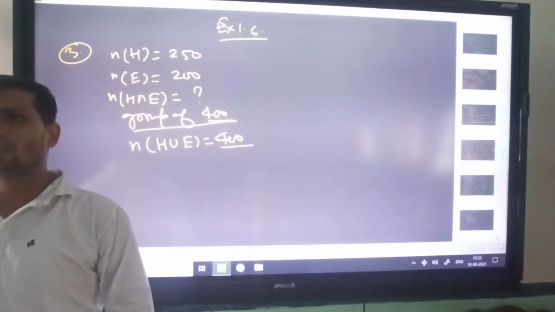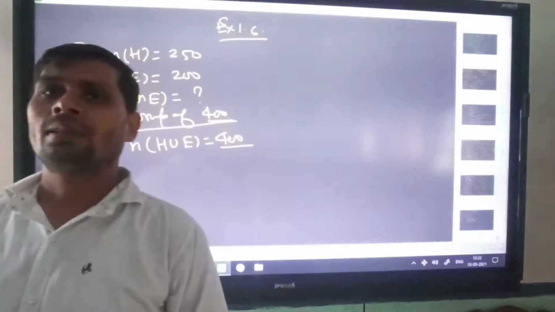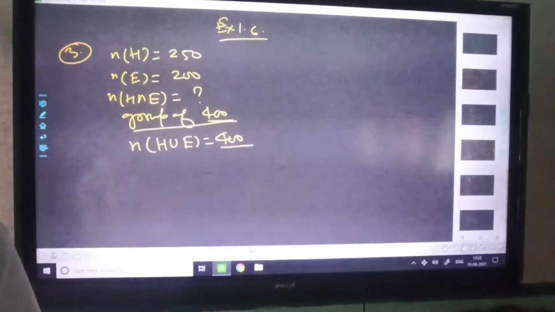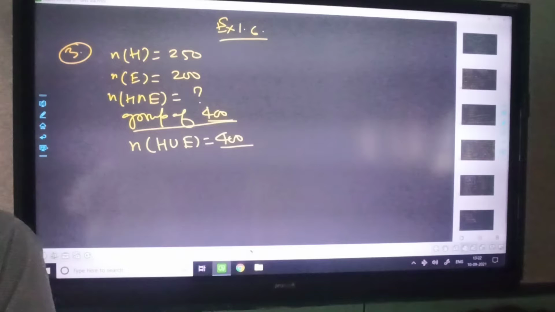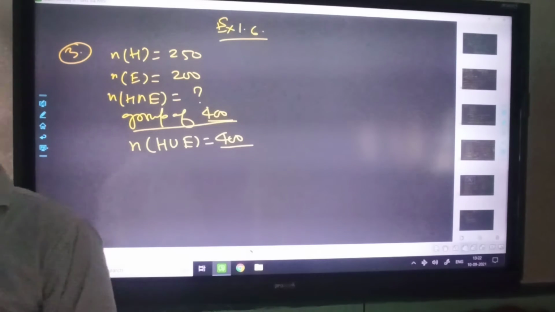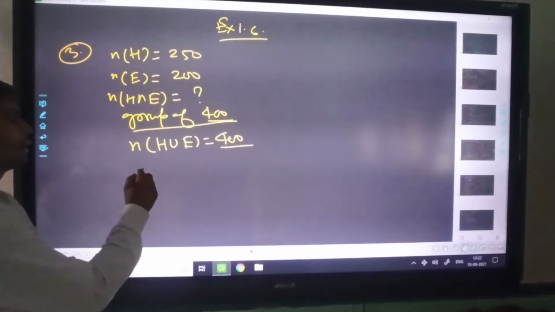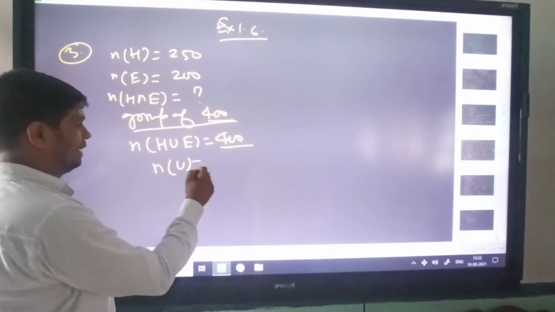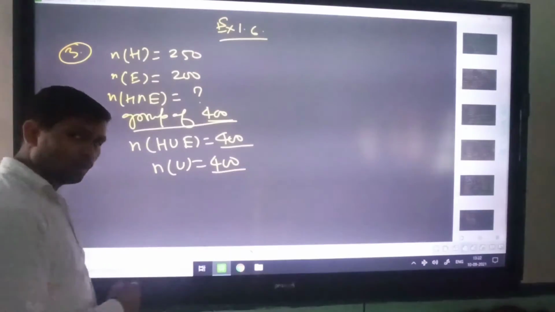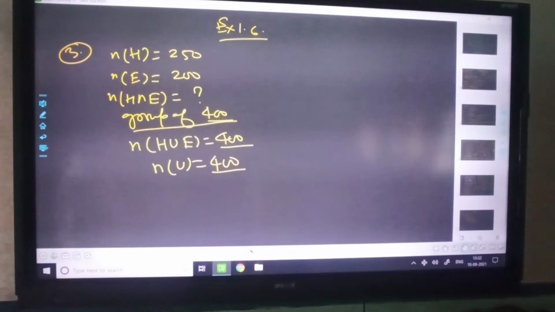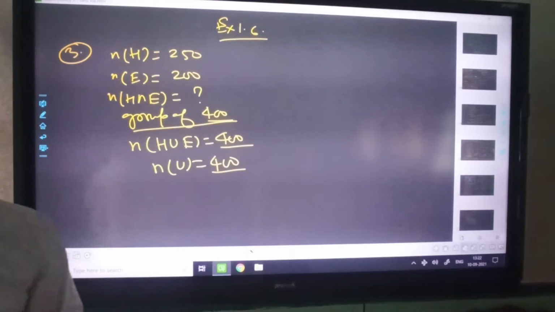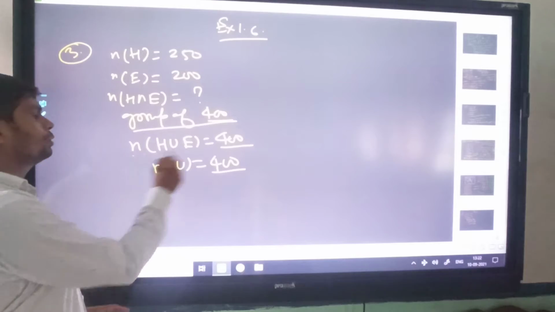If in the question it is asked that neither these students nor these students, find the number of students who take neither Hindi nor English, in such types of questions it may be 100% n of U. It will be represented by this one. But if it is not mentioned, in simple language, then it will be the union of these.